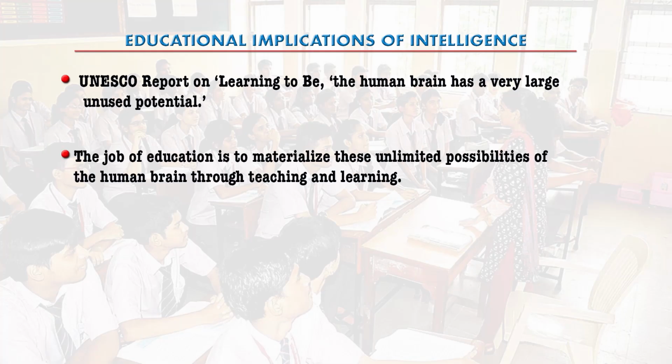So, that is why UNESCO says that for learning to be, we have to understand our potential abilities, then accordingly involve ourselves in the development of this country. Accordingly, we have to understand ourselves and work for our own development even. The job of education is to materialize these unlimited possibilities of the human brain through teaching and learning.